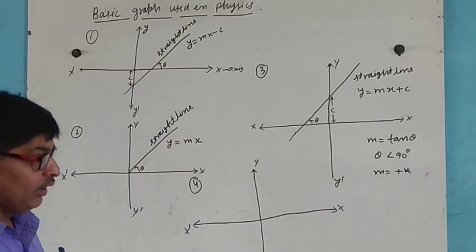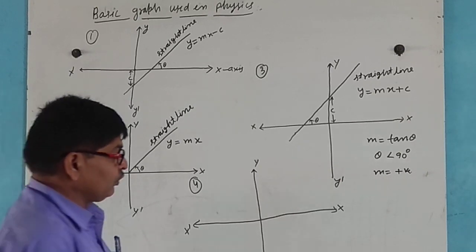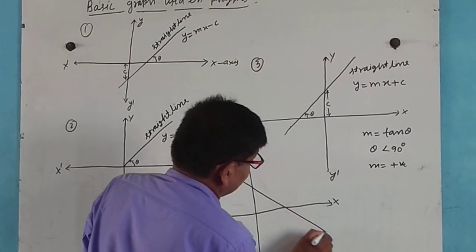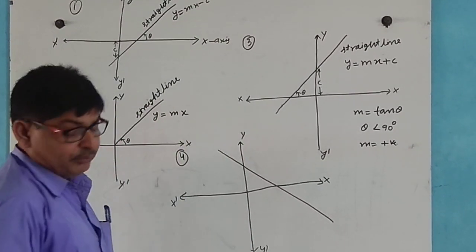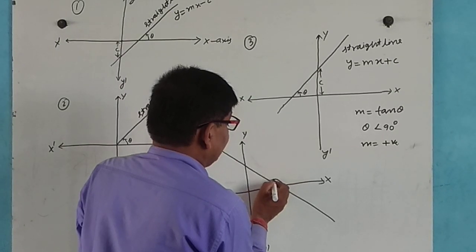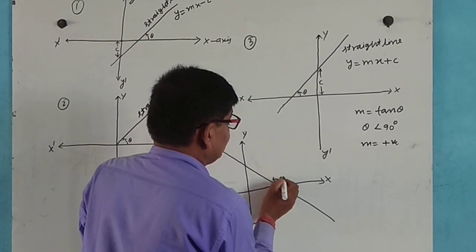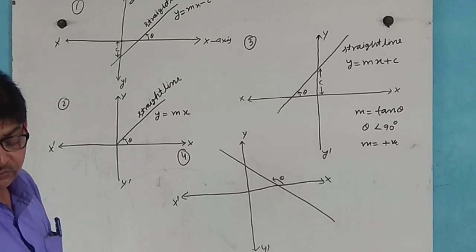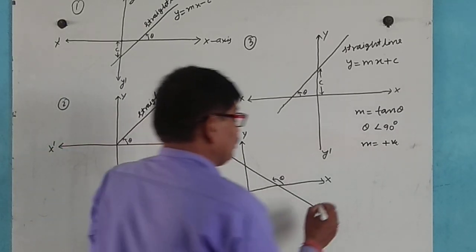If the line is passing through this, our theta is this. In this case, m is equal to what?